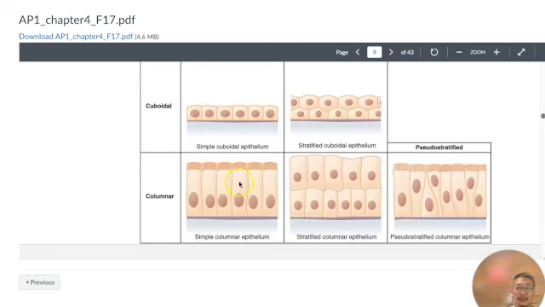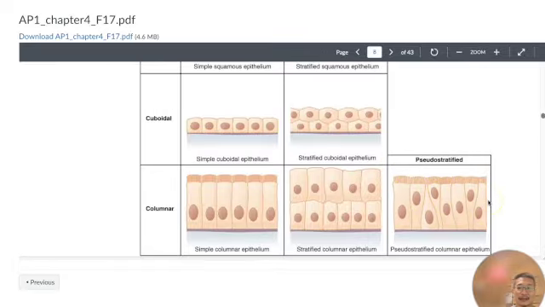This is simple. This is stratified. This is called pseudo-stratified. Pseudo means fake. So it looks like it is stacked on top of one another if you look at the nucleus, but it's actually just squished in between.